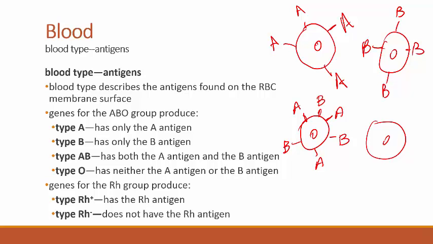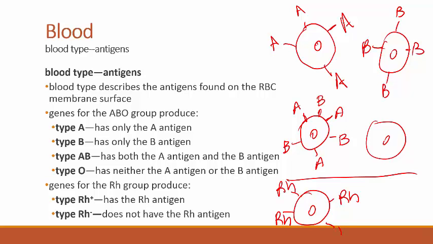So that's one gene, but there's a second gene that's also important for blood typing, and that's the RH gene. If a person is Rh positive, that means they have the Rh protein hanging off of their red blood cells. It's called Rh because it was first found in the rhesus monkey, and so that name has stuck here in the United States.